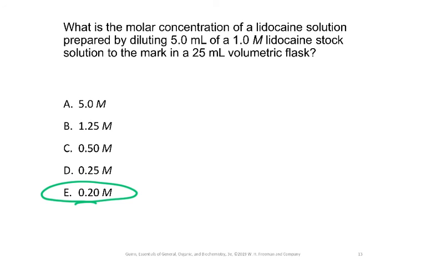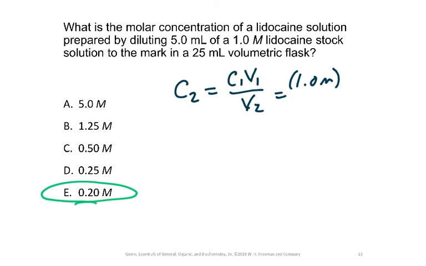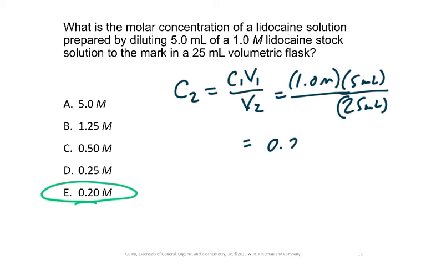Or we can actually solve and we should end up with the same result. So 1.0 molar, and then we now have that ratio of 1/5, right? 5 milliliters over 25 milliliters. So 1/5 times the concentration is 0.20 molar.